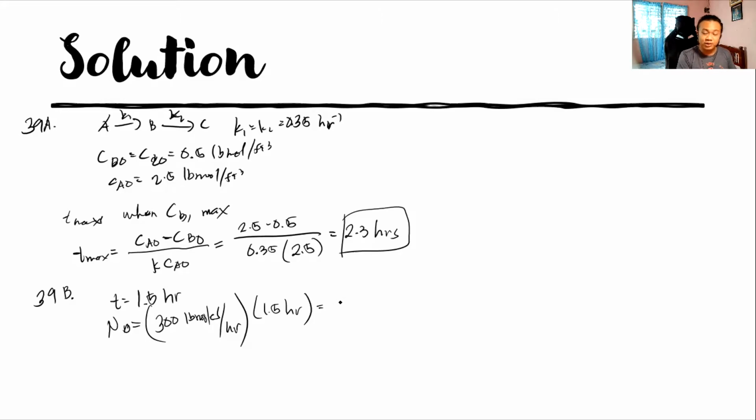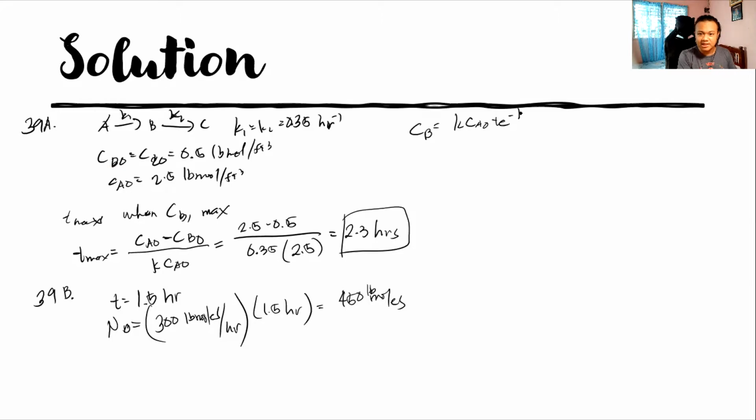So 1.5, so that's 450 moles. So pound moles na siya, guys, pound moles. And also we are to find, di ba, the CB. So CB na karon. And the book also gave us this amazing equation.